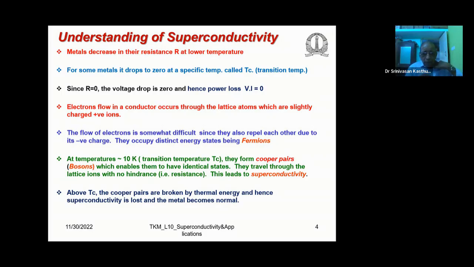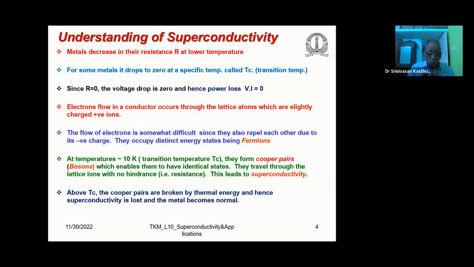Now, because they are combined together, they do not have any hindrance to flow through the lattice, and so they very easily flow through the lattice. So the resistance is 0. There is no hindrance and therefore resistance is 0. So this is what causes superconductivity of the material.